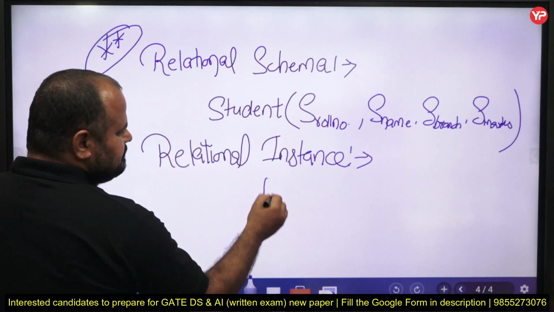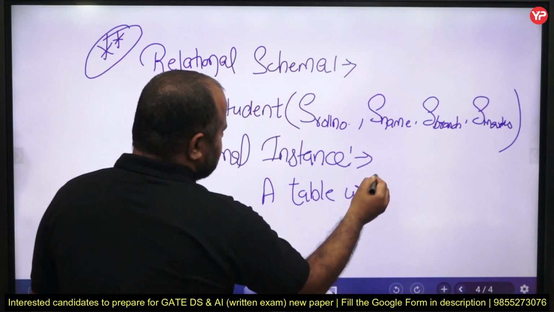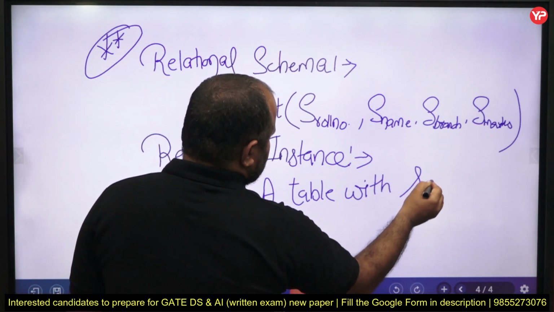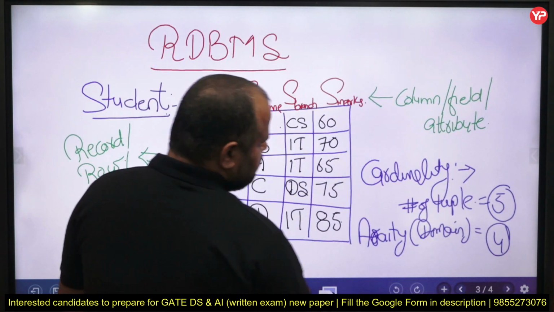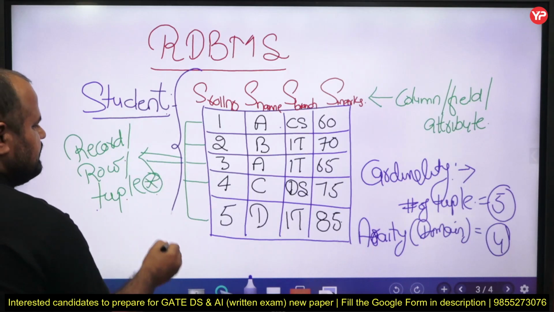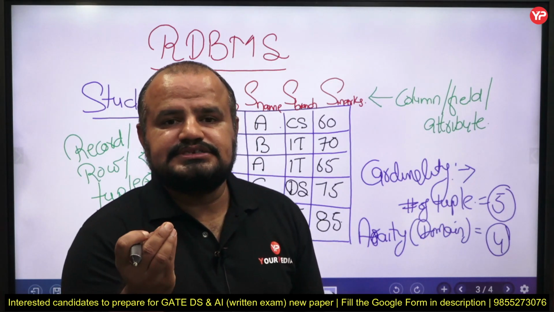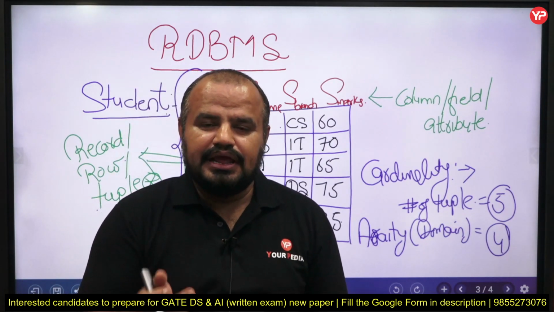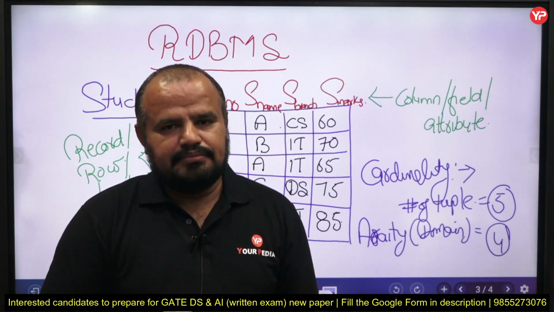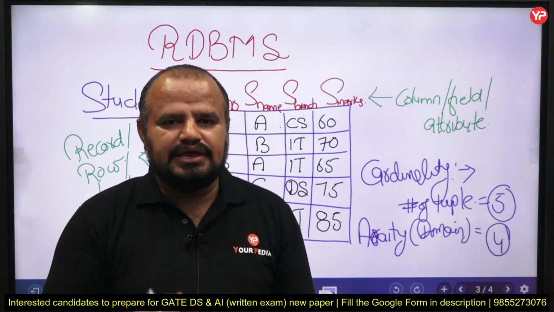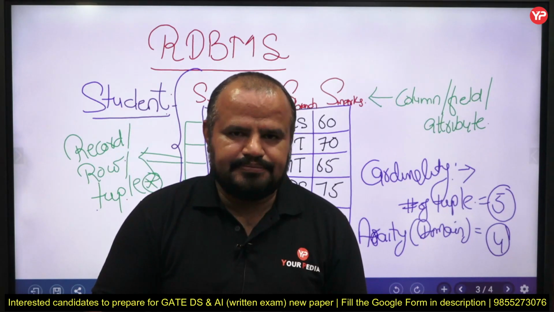A table with some records. This is the relational instance. Sometimes I can say relational snapshot. What do you mean by snapshot? At that particular moment of time, what is the scenario of my database, what are the different records I have, their values, their attributes. That is called relational snapshot.